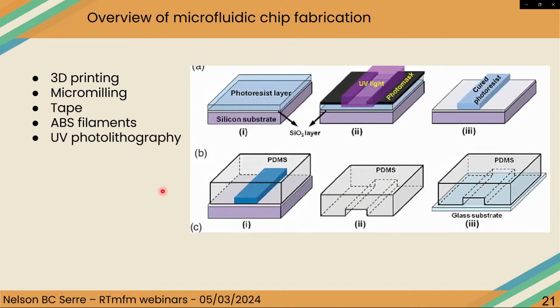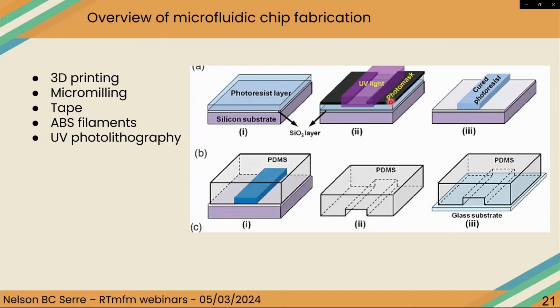But the historic method and one of the most used today still is UV photolithography, where you have a substrate on which you put a photoresist, which is a resin polymer, on it. You spin it at a defined speed, which gives you a defined height. So, for example, the height of your channel.